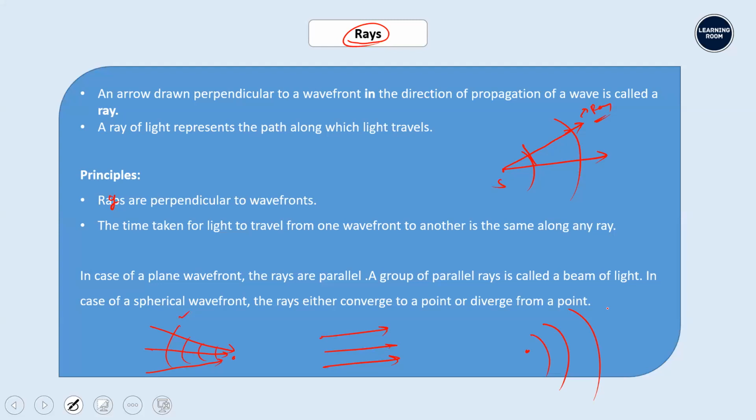Whereas if I give this kind of a system, I ask you to draw the rays, they all get diverged. So when you talk about the spherical wavefronts, the rays either converge or diverge from a point, whereas for a group of parallel rays, they are always a plane surface. Have this in your mind. This is an often asked question. You can easily get it. It's very simple.